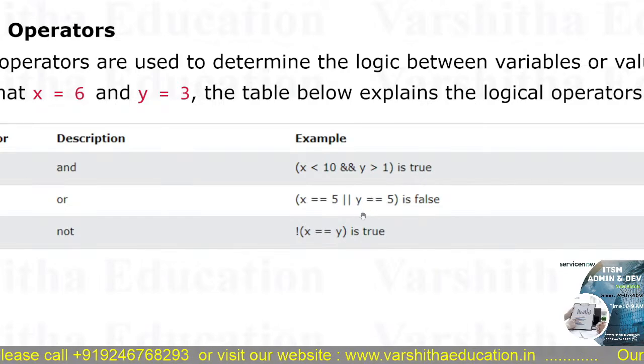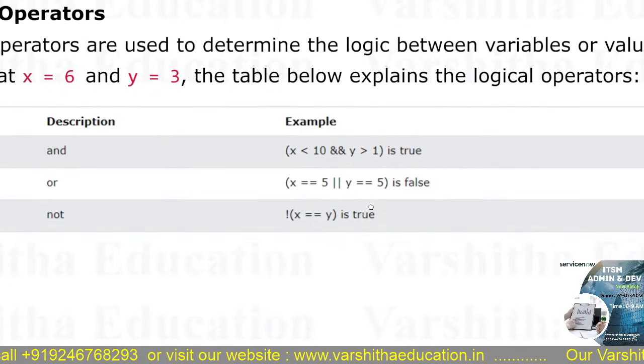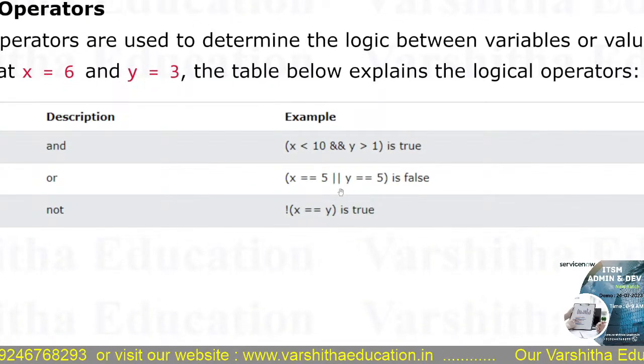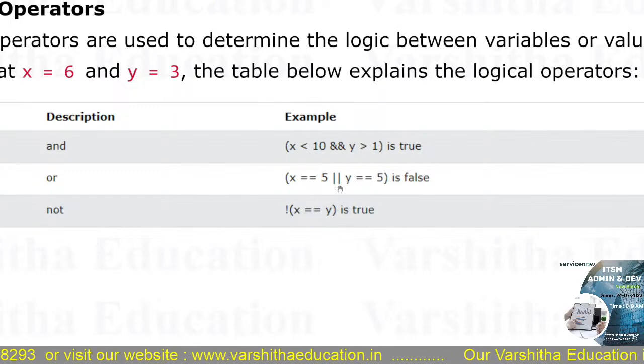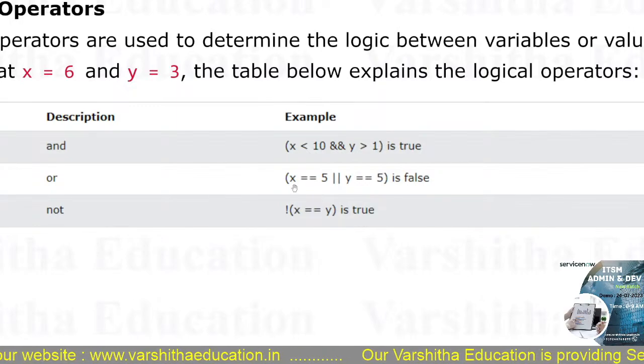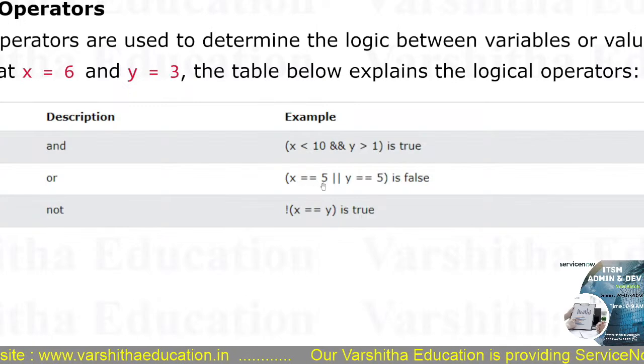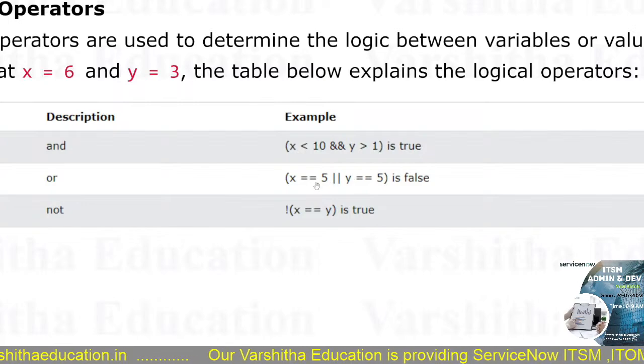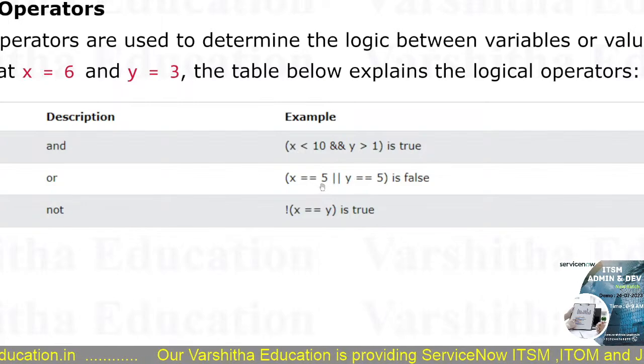And if I go with OR, simply, you can use two pipes. So two pipes is the symbol of OR. So x double equals 5 or y double equals 5 means both are not satisfying any of these conditions.